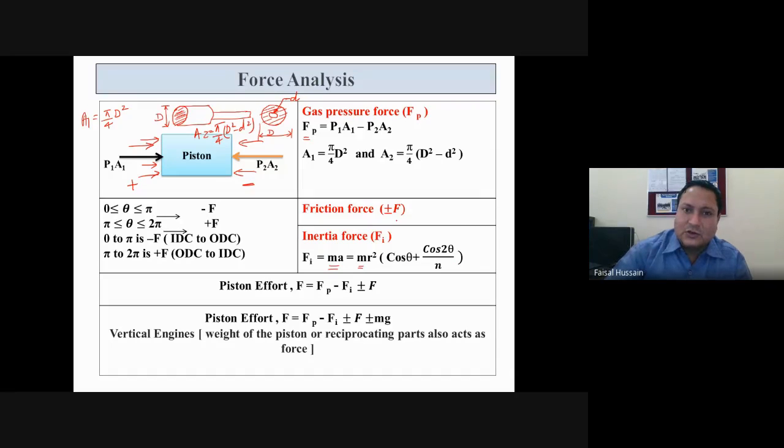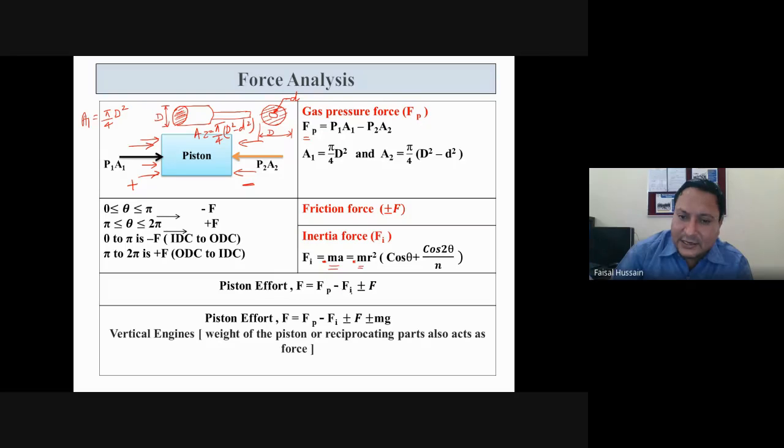So totally, what will be the piston effort? It is the summation of gas pressure force, frictional force and inertia force. You add all three: Fp, then inertia force, which is always in the opposite direction. That's why there is a minus here: minus Fi, and plus or minus F. When to take plus F and when minus F? As discussed, minus for 0 to 180 degree and plus for 180 to 360 degree.